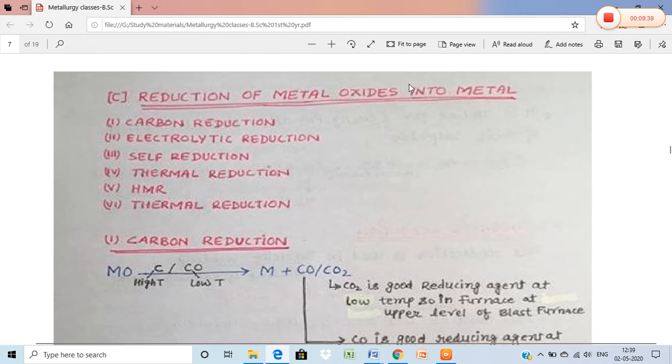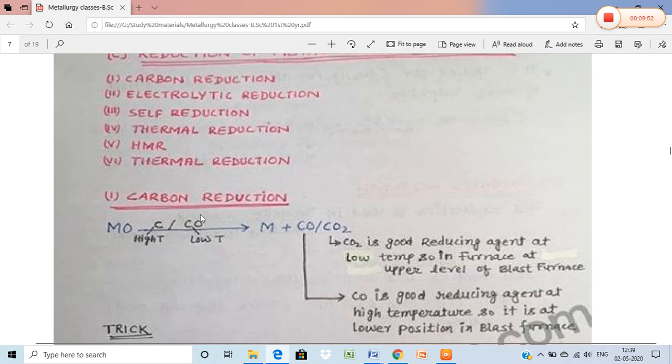The metal which we get here will be impure, and after getting the impure metal we go for the next process, called refining, and after refining we get the pure metal. In carbon reduction, the metal oxides are converted to metal, and CO or CO2 is removed here.